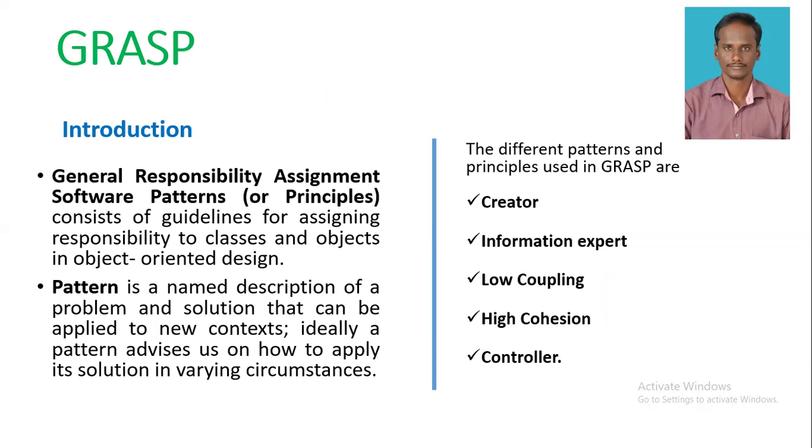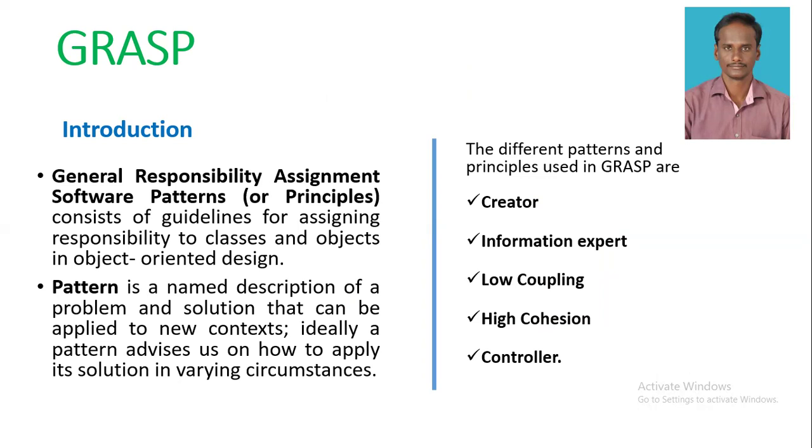GRASP consists of guidelines for assigning responsibility to classes and objects in object-oriented design. A pattern is a named description of a problem and solution that can be applied to new contexts.